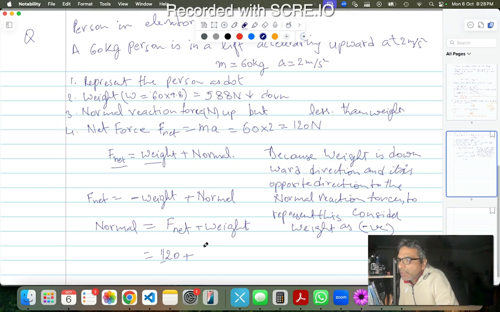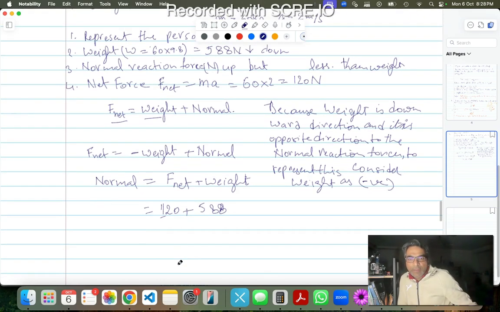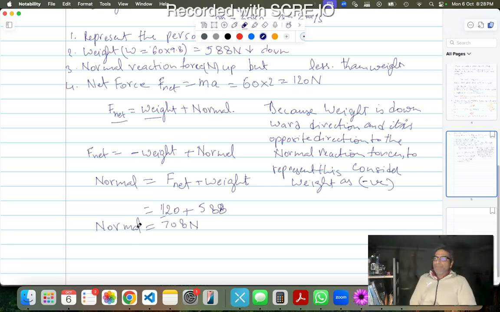Plus weight is 588, which gives us 708 Newton. So now tell me, is the normal reaction more or less than the weight?